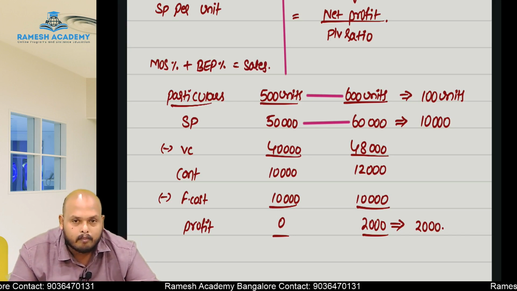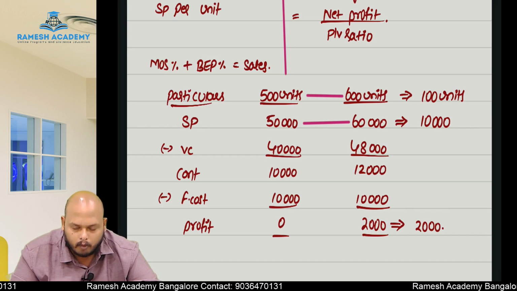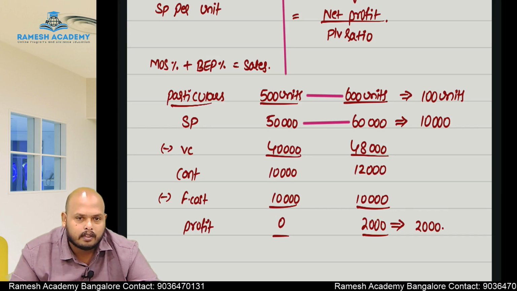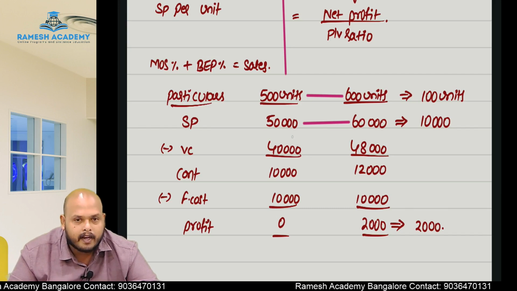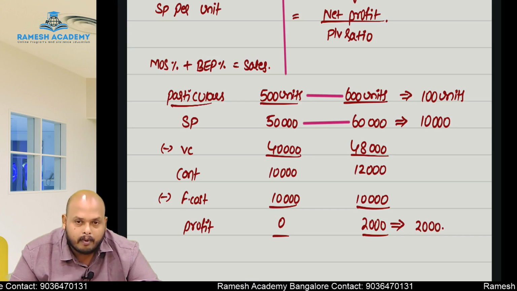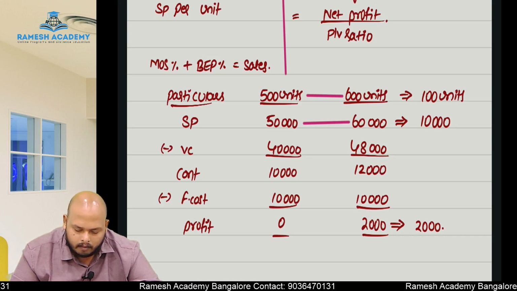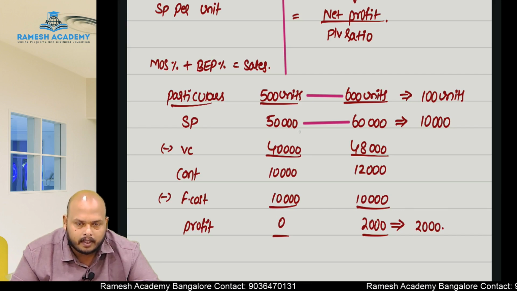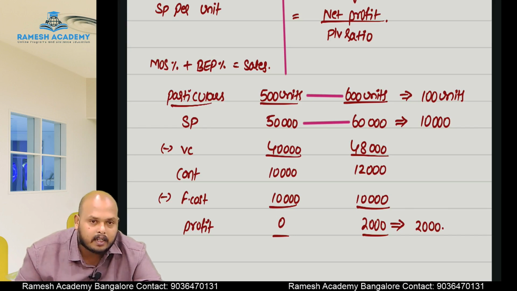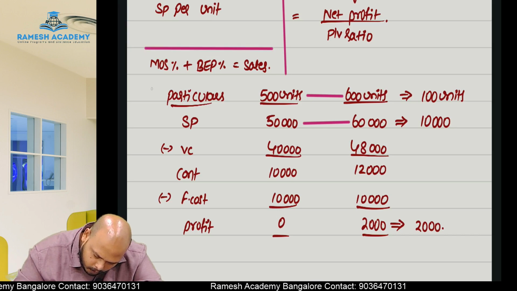See here, the margin of safety at 600 units is 10,000, and the break-even point is 50,000. 10,000 plus 50,000 is 60,000. At 500 units, the sales value is 50,000, so the margin of safety at 50,000 is 0. Margin of safety is 0, break-even point is 50,000, so sales is 50,000. Margin of safety plus break-even point, both together will be sales. This is another universal formula.